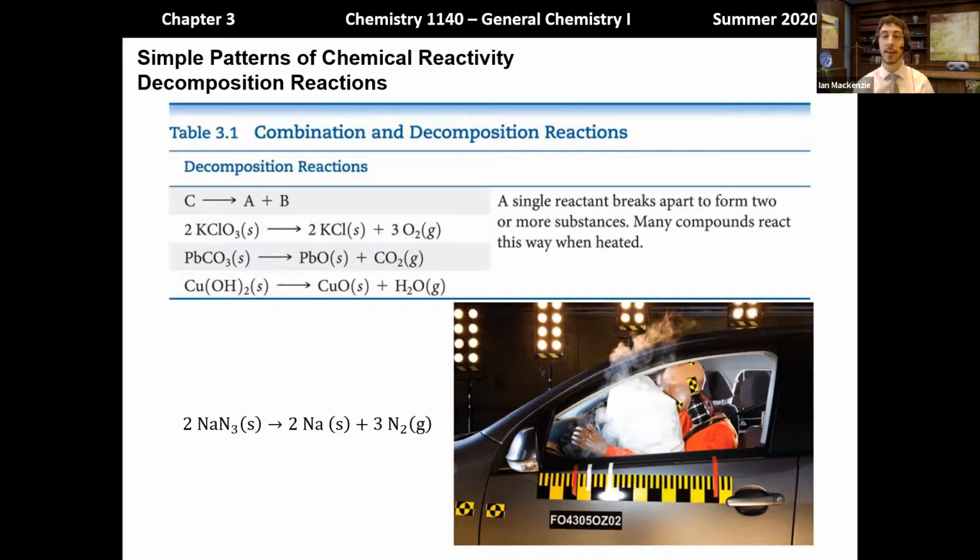So sodium azide is the component in your car's airbags, and with a small electrical spark, which is built in to be discharged in the event of an impact, that will cause the rapid decomposition of sodium azide to produce just solid sodium and then nitrogen gas, which then inflates the airbag and prevents you from just smashing your head into your car's windshield.